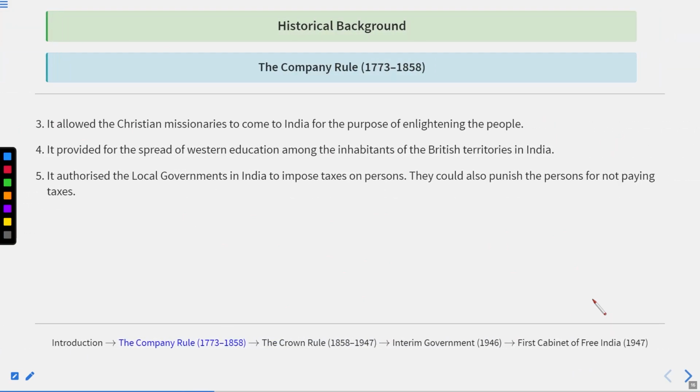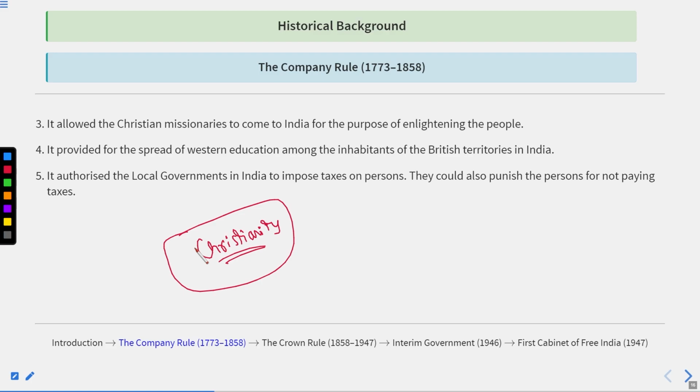Thereafter, it allowed the Christian missionaries to come to India for the purpose of enlightening the people. We know that in Europe, Christianity is the major religion, right?